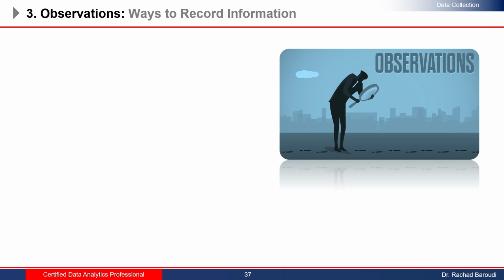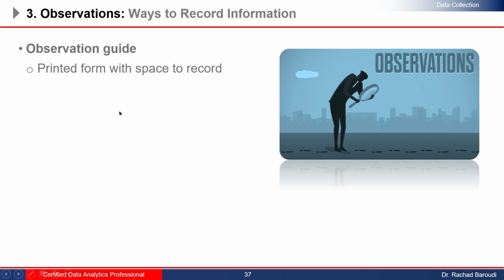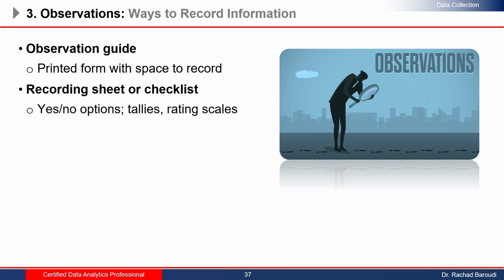During observation, you might need to find out what is the best way to record the information. Observation guide might be very useful, printed form with spaces to record and to fill, recording sheets or checklist, yes and no option, tallies, rating scales 1 to 5, 1 to 10, and then sometimes just making sure that this item exists or checklist.